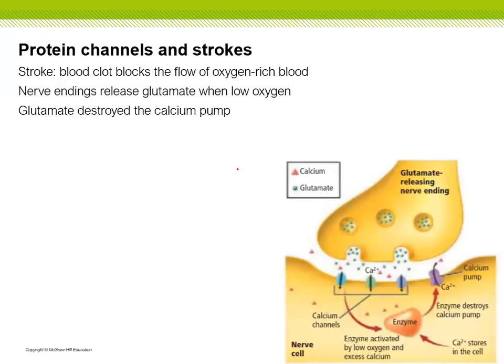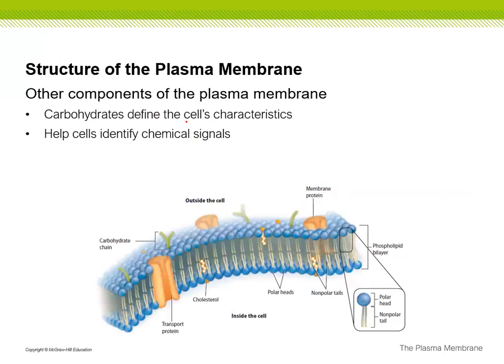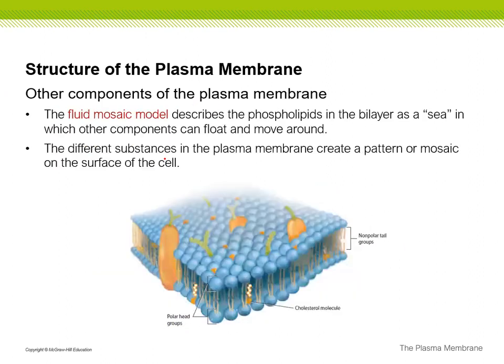We're going to end up coming into that later. Again, not too much we need to know here about the carbs and stuff. We really just care about the transport proteins right now.